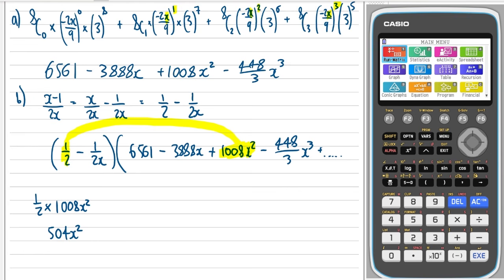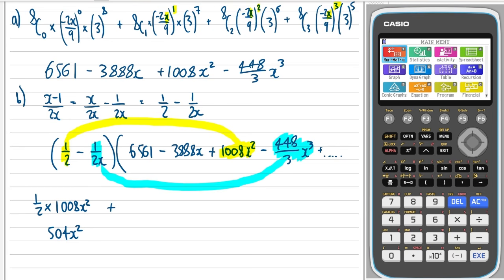But the other way that I can get an x squared is if I take this term and I multiply it by this one. Because this is a divide by x, and that's an x cubed. So timesing a 1 over x by an x cubed is just going to give me an x squared. And that's the only way that we're going to get x squareds when expanding these brackets.